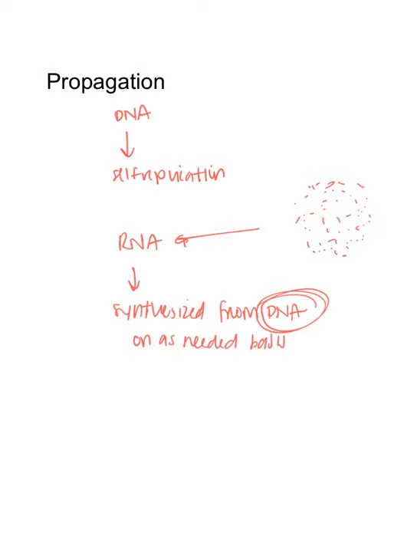DNA is always present in the cell. It's unwound in the nucleus, usually, not yet wound up into chromosomes, but it's always pre-built in the cell, whereas RNA is not yet synthesized and is only formed on an as-needed basis.